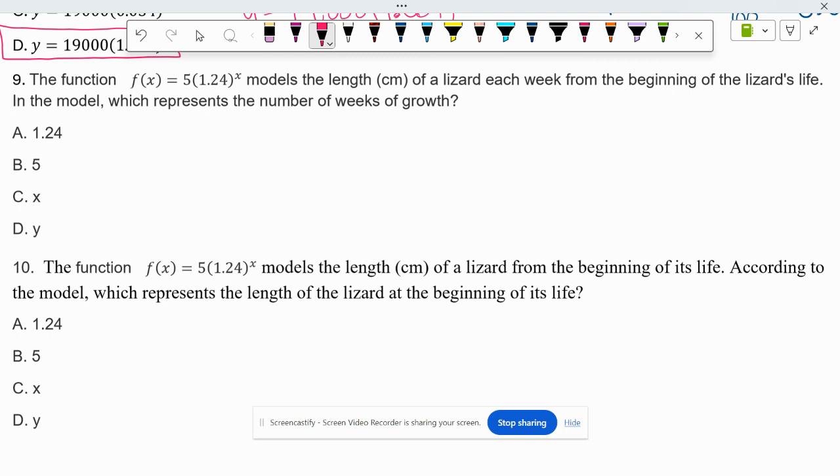In the model, which term represents the number of weeks of growth? Say it again, Hayden, so everyone can hear it. X. Why? Can you explain why?